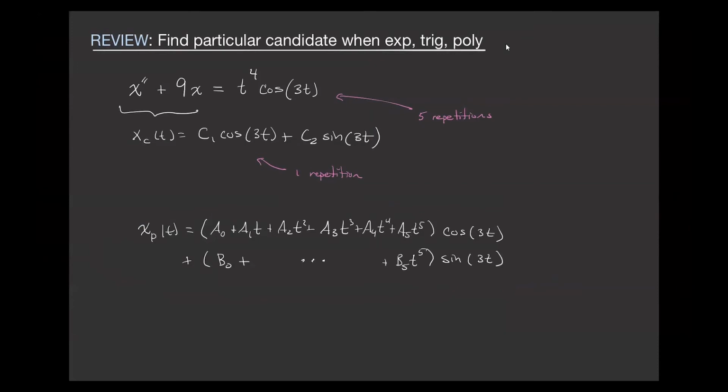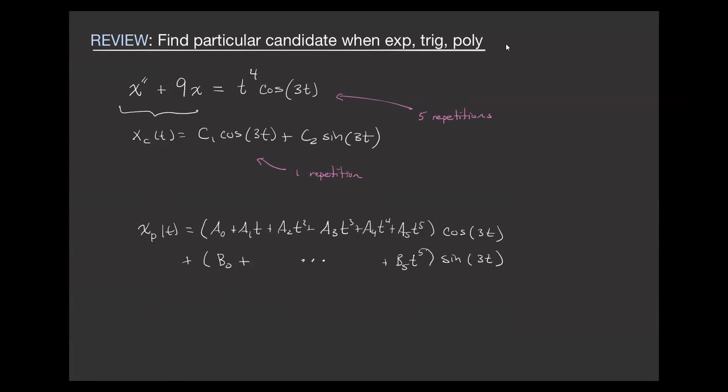The big thing here is to just know what you're going to pick for your particular candidate. It's very likely that many of these terms will go to 0 when you do all the algebra in the end. But we at least know for sure what we should pick that's going to work.